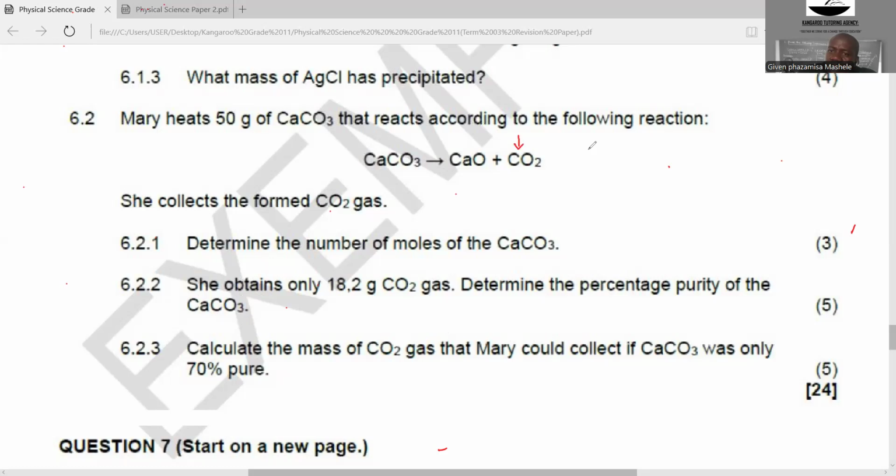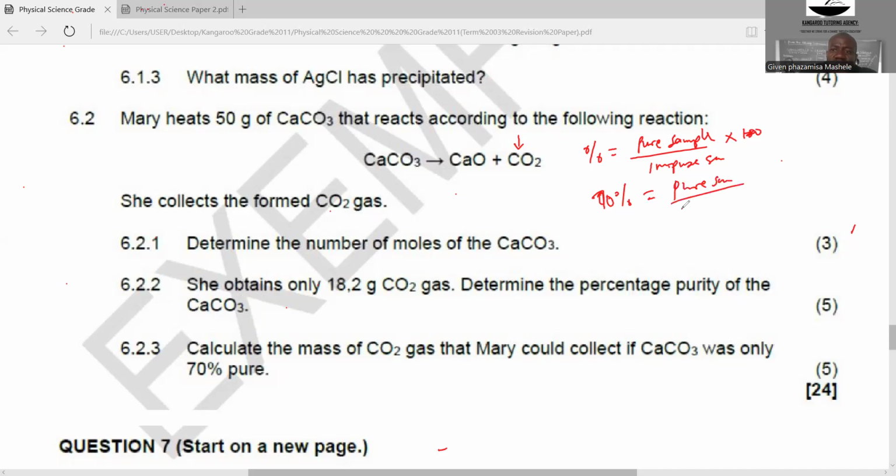So we're going to say, okay, percentage purity is calculated by taking a pure sample in terms of mass divided by the impure sample, then multiply by 100. So 70% equals the pure sample divided by the impure.